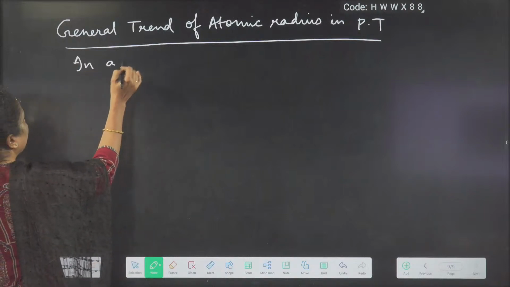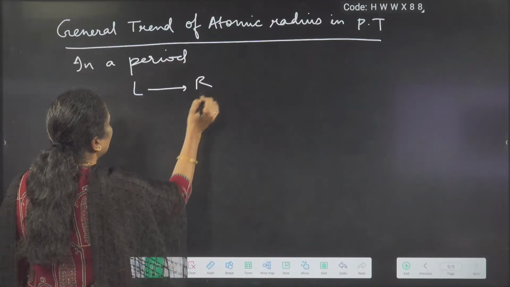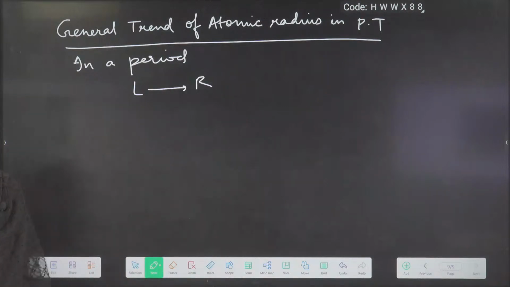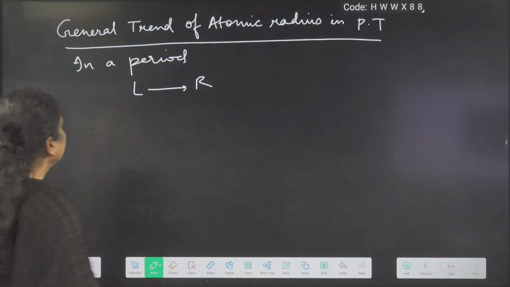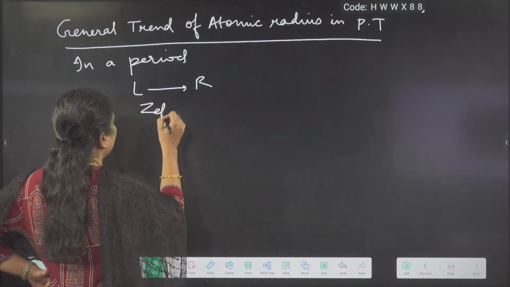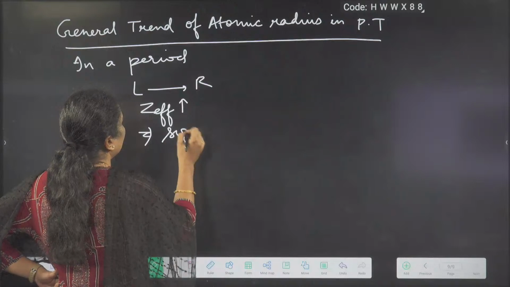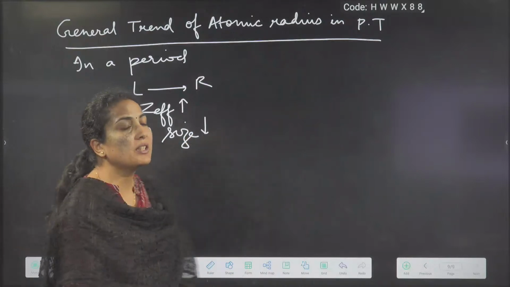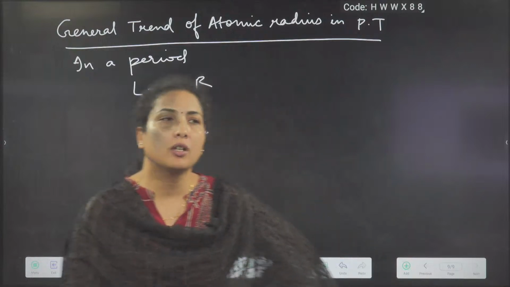So in a period, when we are moving from left to right, what happens to Z effective? Z effective increases, and because of that, size should decrease. Z effective increases means nuclear force of attraction is increasing, and because of that, size should decrease.